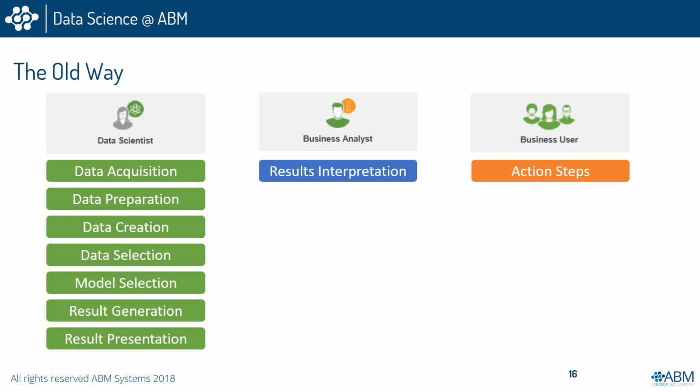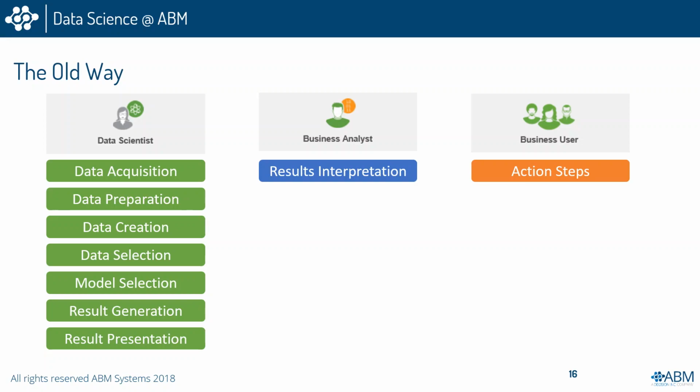The old way of doing things in the past, when you didn't have these tools connected, and I guess they say the old way, but it's even the current way for a lot of people, is that you would have the data scientists doing a lot of the work there in terms of data acquisition, preparation, data creation, selecting the type of model that's appropriate based on the data and the type of tools that are available at the company.